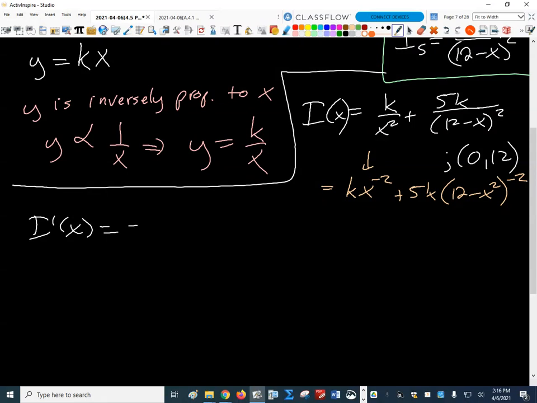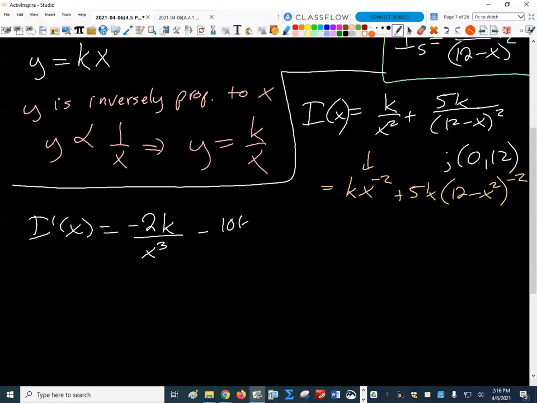Okay, good. So I'm going to get negative 2k x to the minus 3, which I'll just write as an x cubed on the bottom, right? How about over here? I'm going to get minus, actually, 5k times negative 2, so that's minus 10k times the quantity 12 minus x squared to the negative 3.